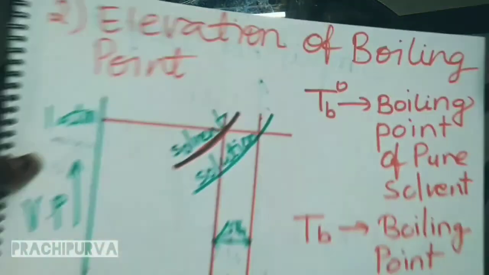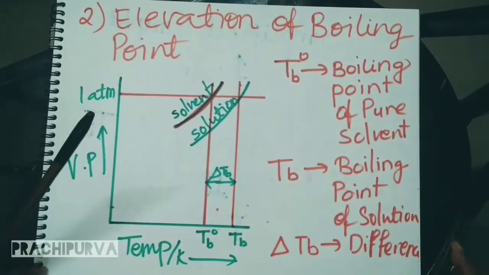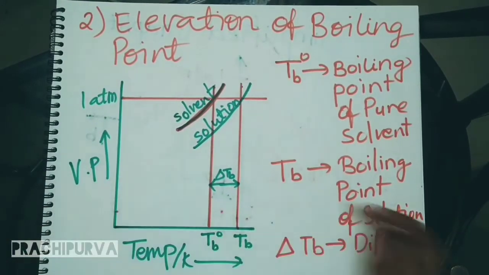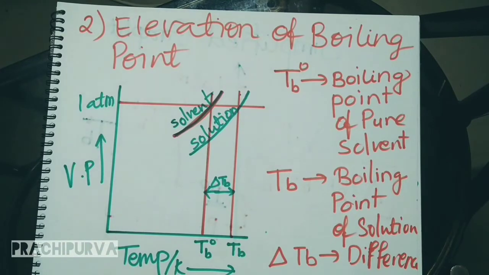So we are moving to the next colligative property, and that property is elevation in the boiling point. So we are doing now elevation in the boiling point. This is the second colligative property.